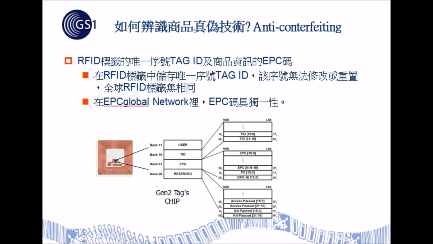Especially according to the definition in the EPCglobal network, the EPC code consists of the EPC manager number, object class number, and the serial number, and will be unique. So one unique tag ID will be assigned to one individual trade item. So based on the unique ID, we can trace and track to find the original manufacturer.